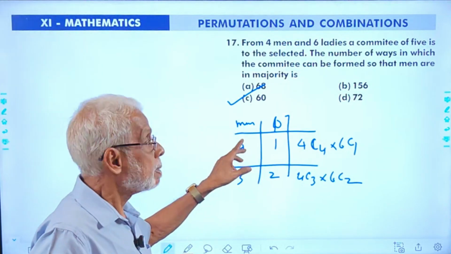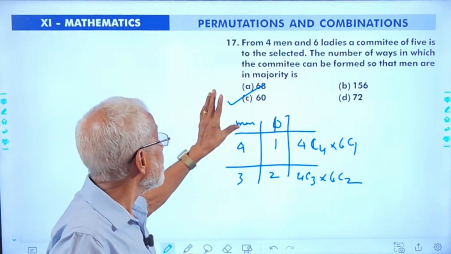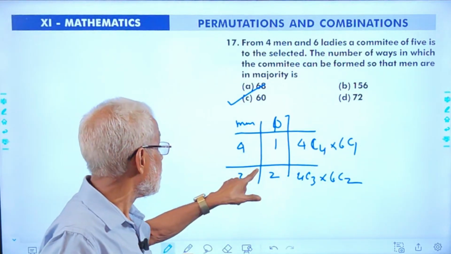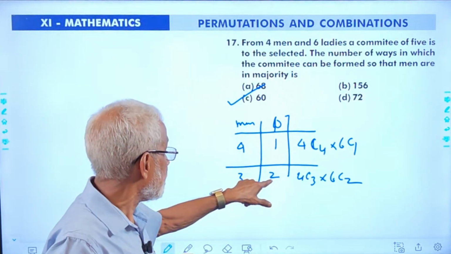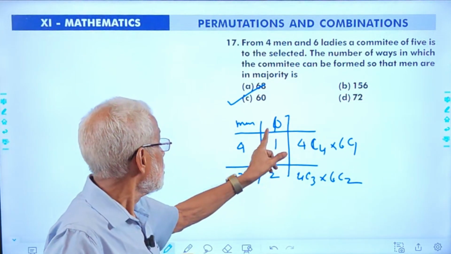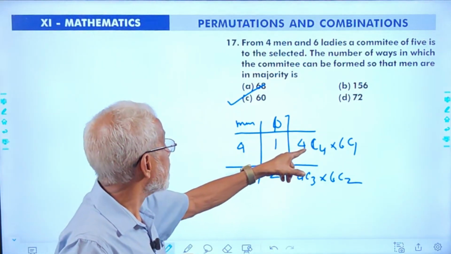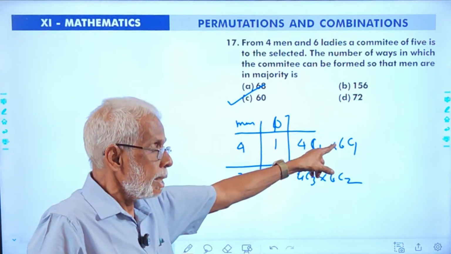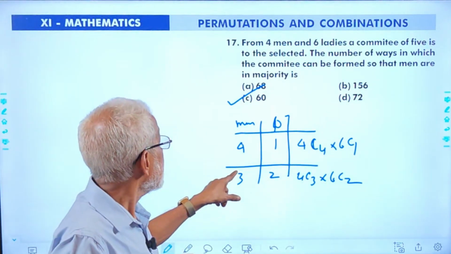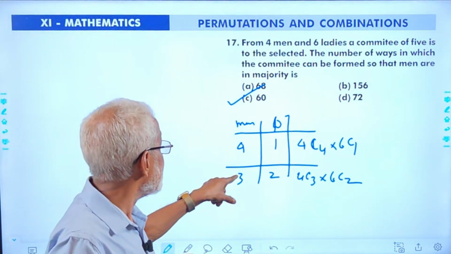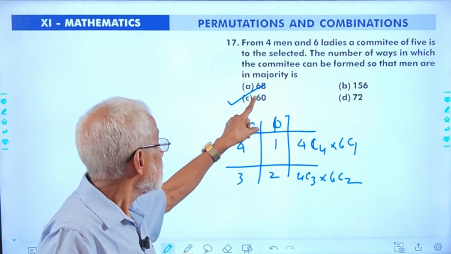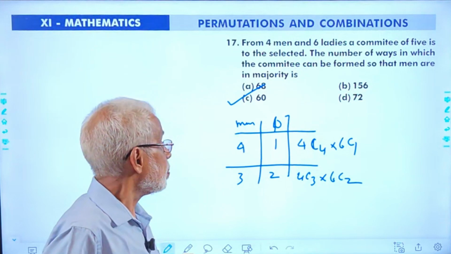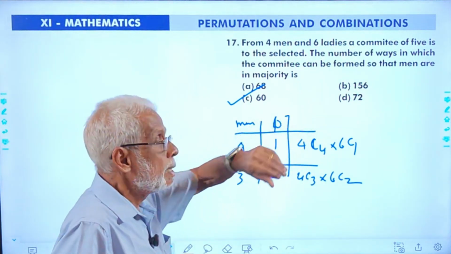Men are in majority is possible if 4 men and 1 lady are selected, or 3 men and 2 ladies are selected. 4 men from 4 men can be selected in 4C4 ways. 1 lady from 6 ladies can be selected in 6C1 ways, and 3 men from 4 men can be selected in 4C3 ways. 2 ladies from 6 ladies can be selected in 6C2 ways. Therefore, total number of ways, adding these two, we get C choice.